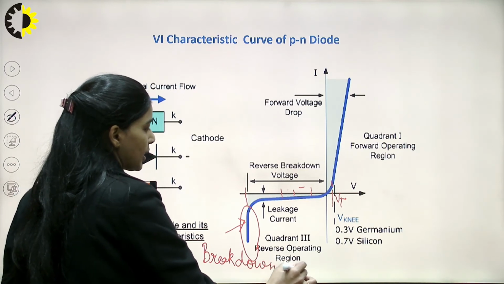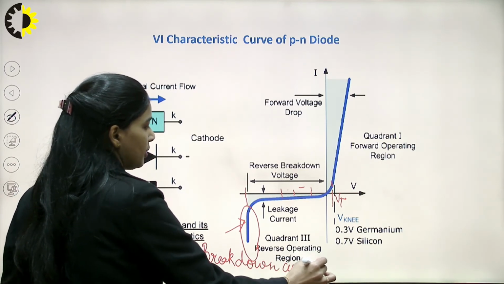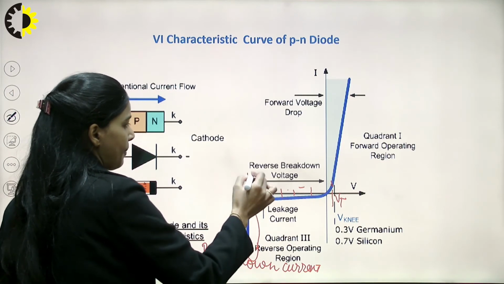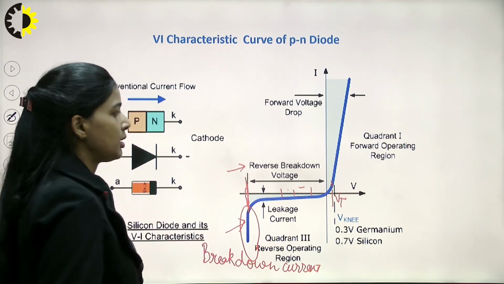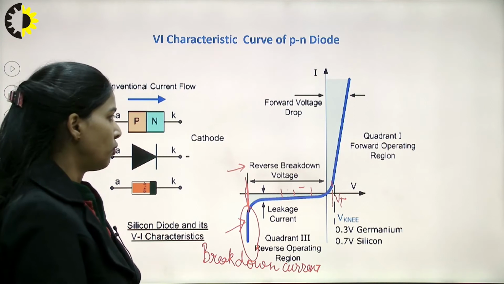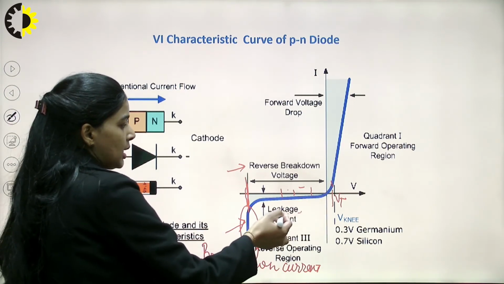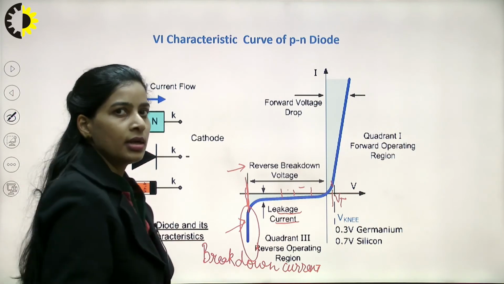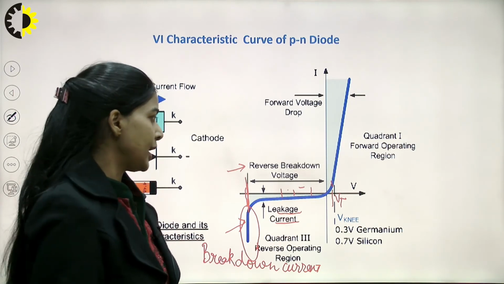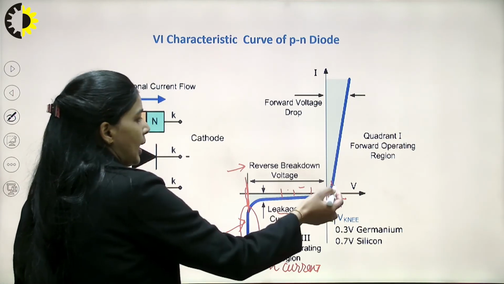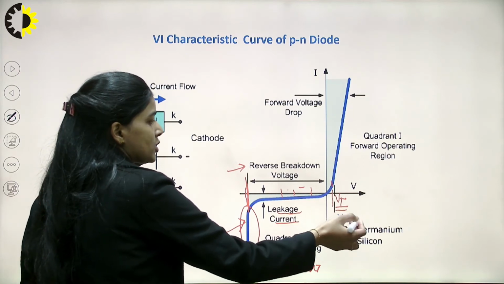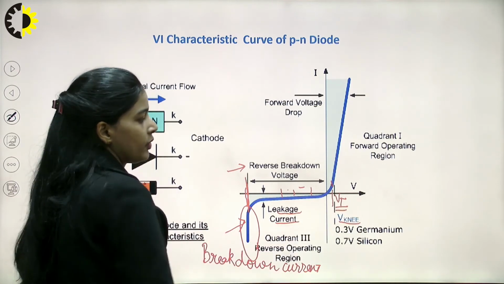This is the breakdown current, and the voltage at which it happens is called the reverse breakdown voltage. The current flowing in reverse bias is the leakage current, which is not desirable. The cut-in voltage is also termed the knee voltage of the diode.